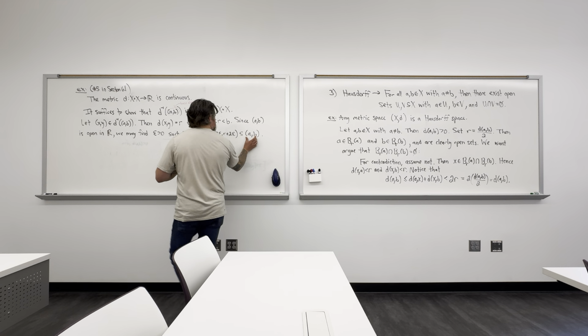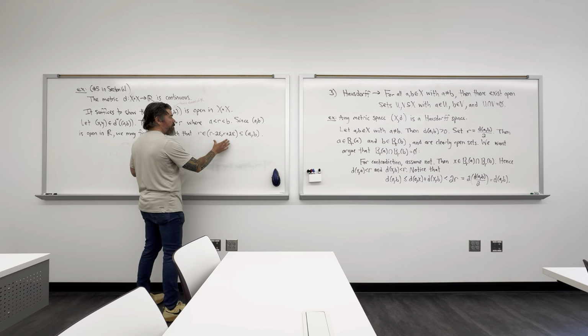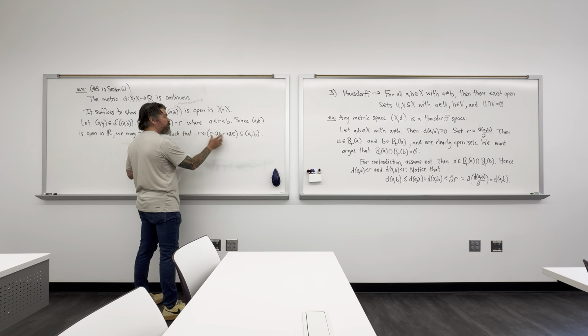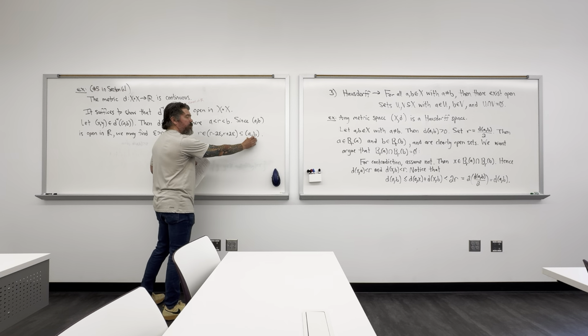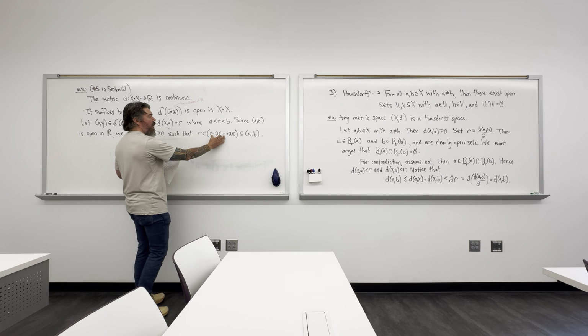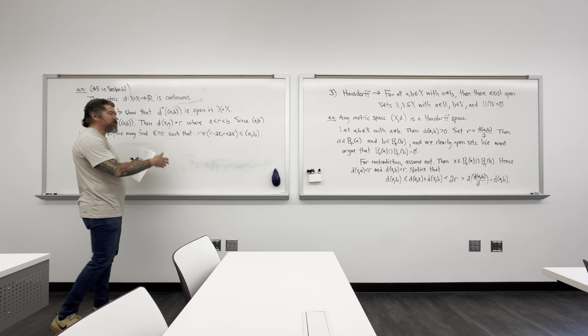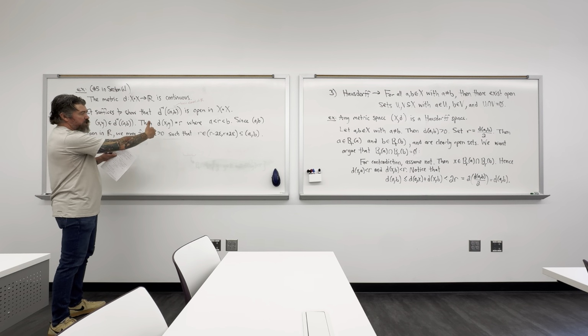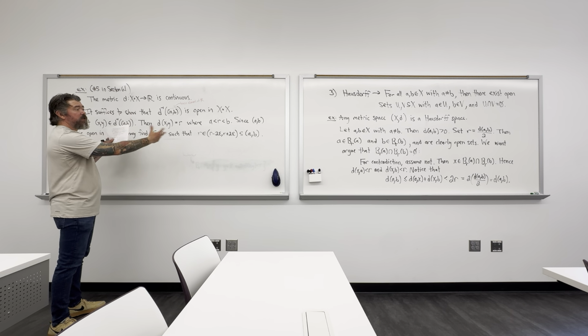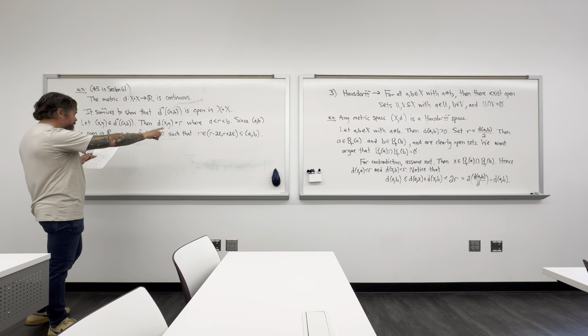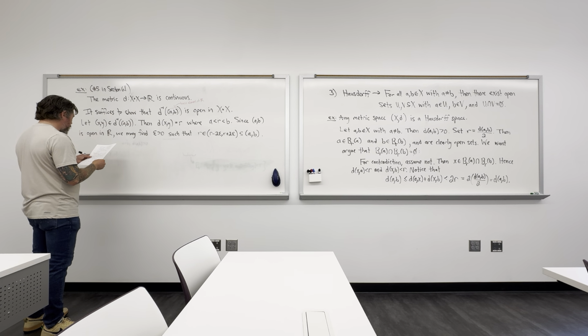Remember, this is an open set, so my basis elements are open intervals, so I can find an open interval containing this point fully contained in this open set. You'll see why I use this in a second. This looks a bit strange, but traditionally you do the scratch work first and then put it together in your proof, so you'll see where that comes from.